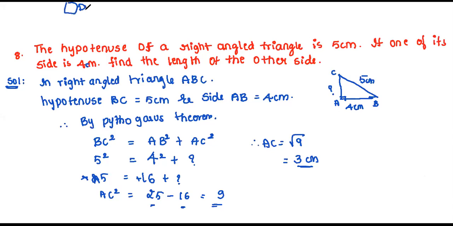Whatever the diagram, it can be a square or rectangle or a cube, or it can be a triangle, whatever it might be. Start drawing the diagram. That is the first part. As soon as you draw the diagram, whatever info is given in the question, start writing that in the diagram. As soon as you write the info, see what you have to find. Put the formula, do it.